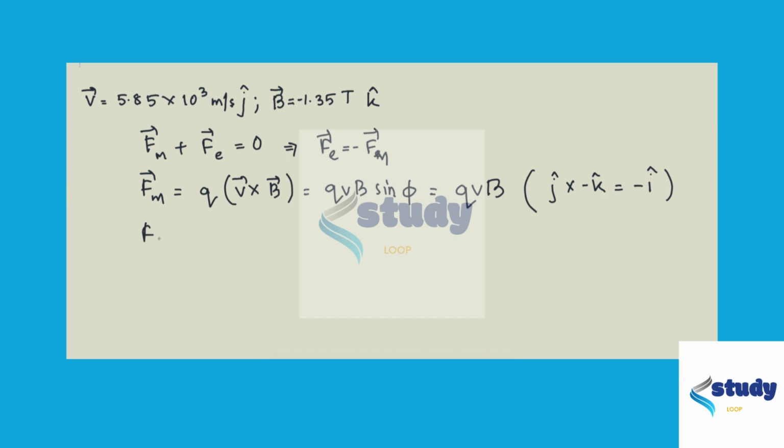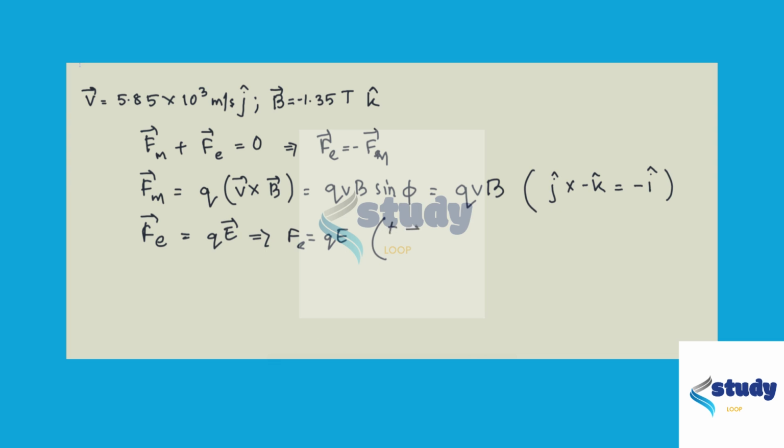Similarly, the magnitude and direction of the electric force is Q times the electric field. So the magnitude is just equal to Q times the magnitude of the electric field, and the direction of this should be along the electric field, or not exactly along, depending on whether the charge is positive or negative.